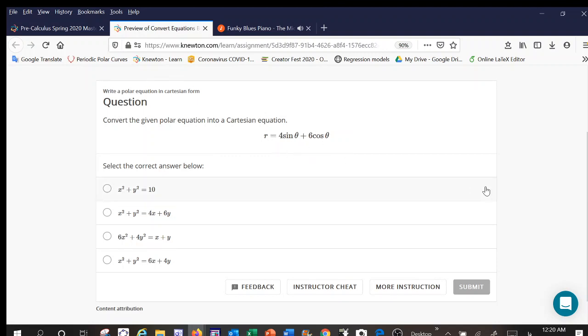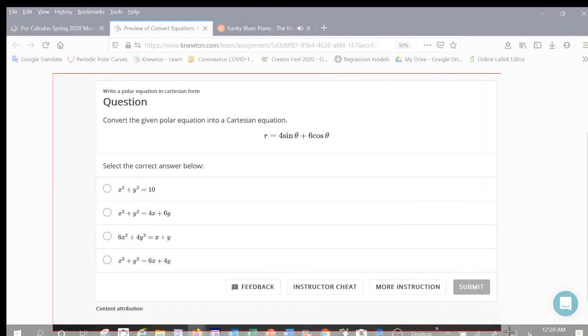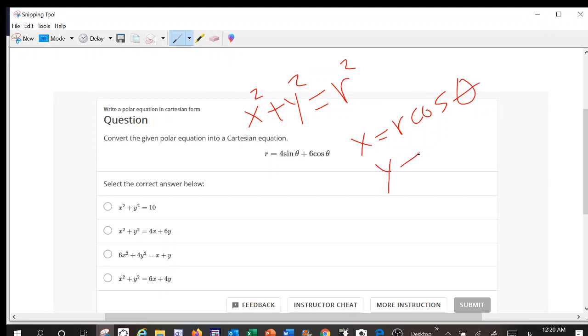To do that, remember the formulas that we have: r squared is x squared plus y squared. And x is r cosine theta and y is r sine theta. And theta is tangent inverse of y over x.